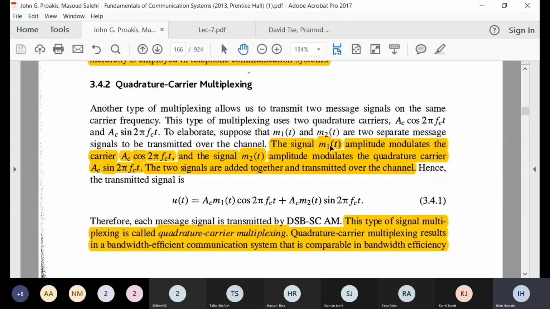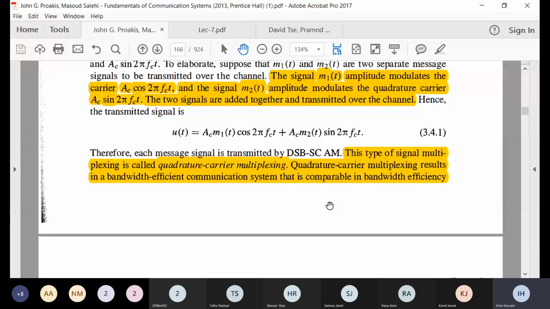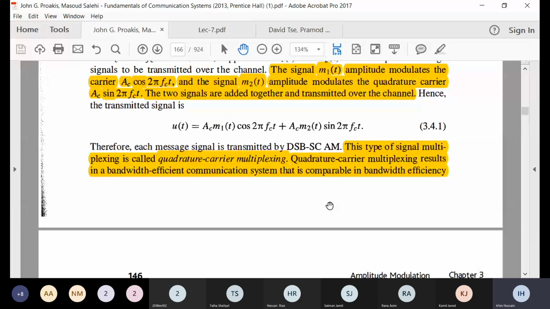So I have one signal M1 of t of one user, it is sent through a cosine. Another user signal is sent through a sine, same frequency, occupying the same bandwidth. They are added together and transmitted over the channel like this. And hence two users are being sent in 2W bandwidth.